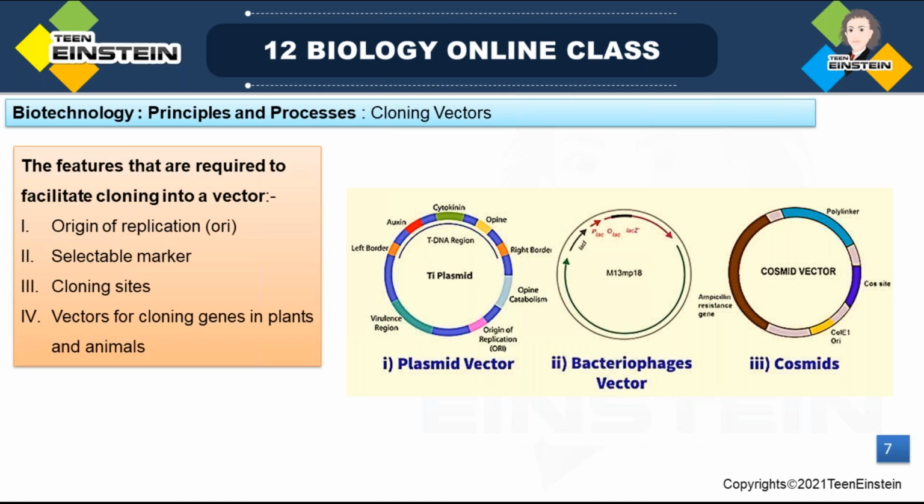Then the vector should have multiple cloning sites. That is the next feature. It should be suitable for working with prokaryotic and eukaryotic systems. That's why we said the fourth point, vectors for cloning genes in plants and animals. For both systems, it should be suitable.